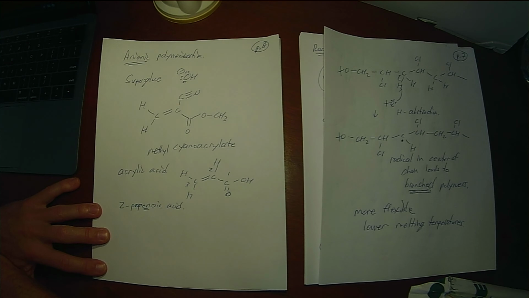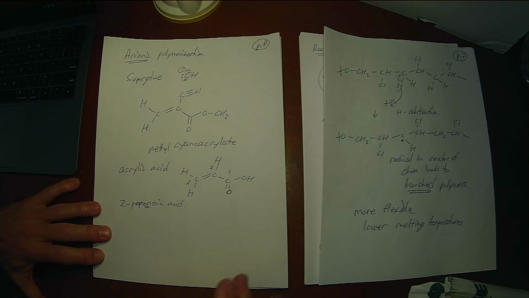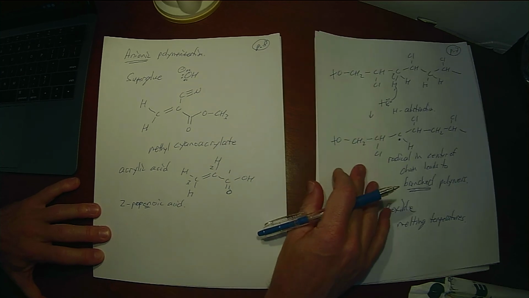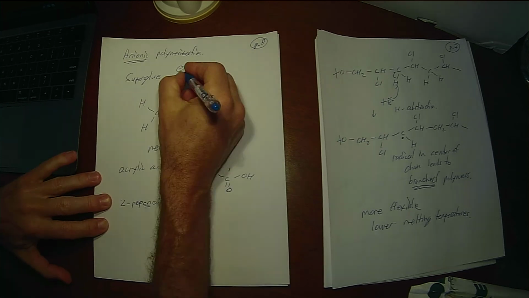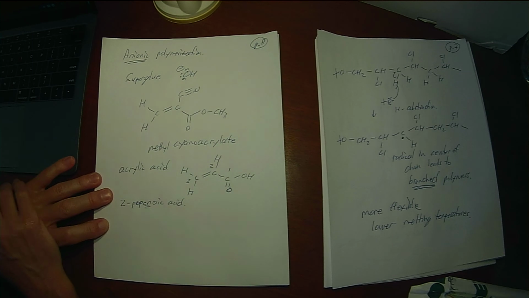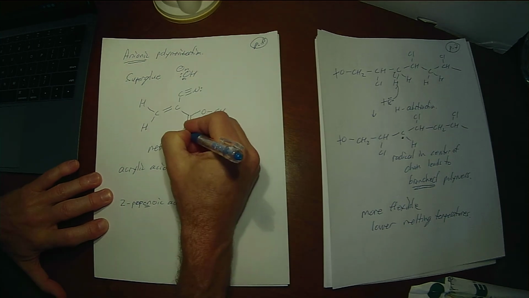So if you were asked for a mechanism by which methyl cyanoacrylate would react with hydroxide, how would you start? Where is this hydroxide likely to attack this cyanoacrylate? There are a couple of good answers to that question.